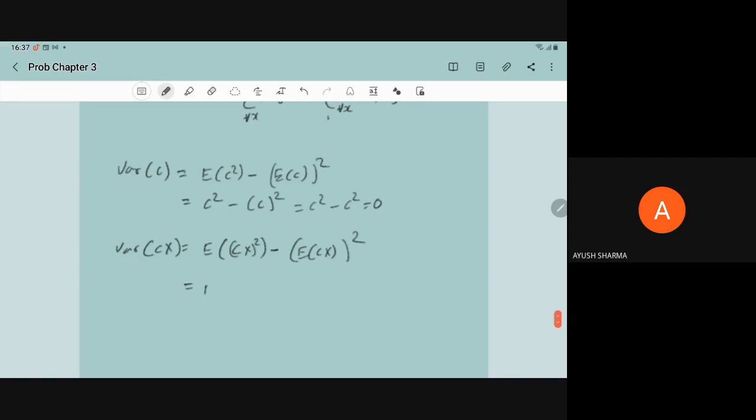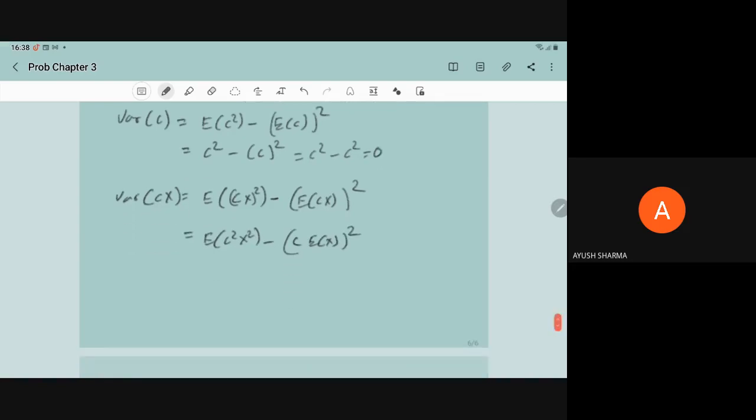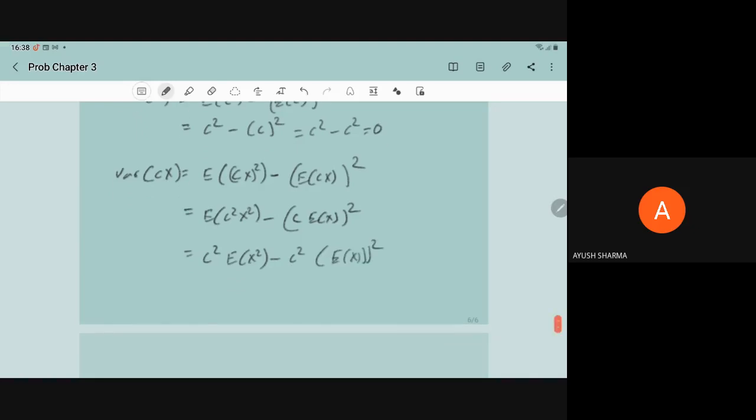This can be written as E of c square x square minus c E of x whole square, and constant you can take outside, so it will become c square E of x square minus c square, if you are taking c square common, inside the bracket we have E of x square minus square of E of x.